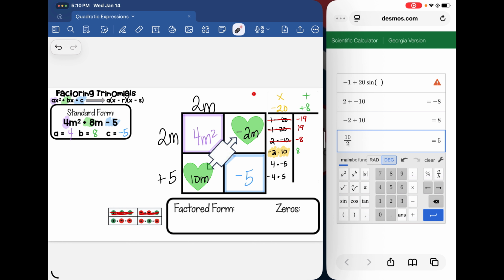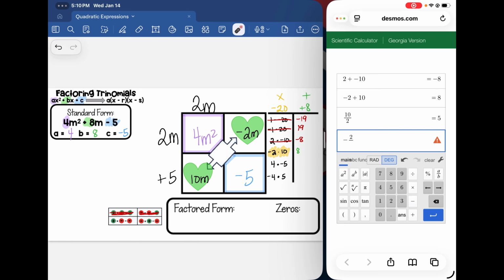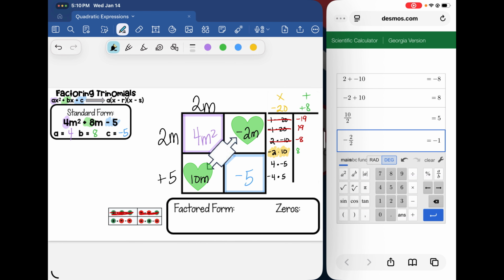I want to fill in this spot. What can I multiply by 2m that will give me negative 2m? Well, negative 2 divided by this 2 gives me negative 1. That means that I can multiply 2m by negative 1, and that will give me negative 2m.